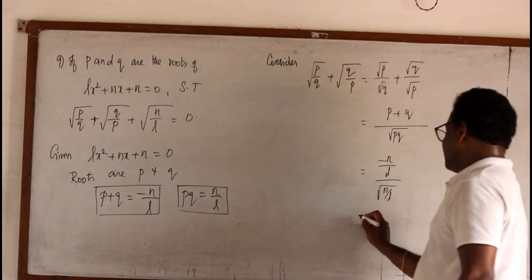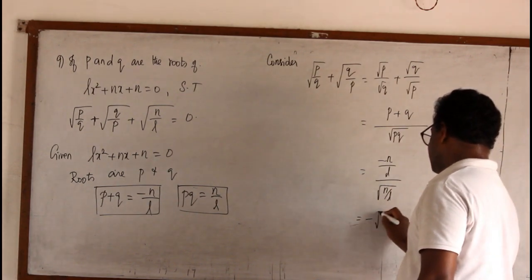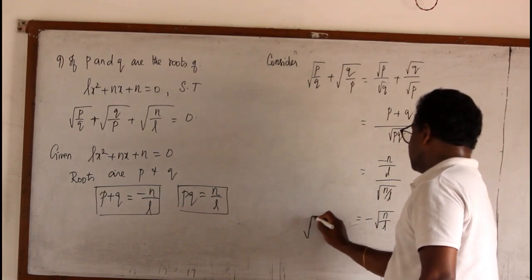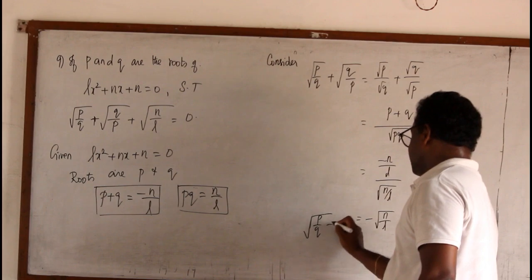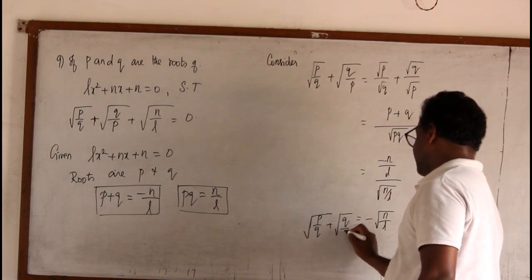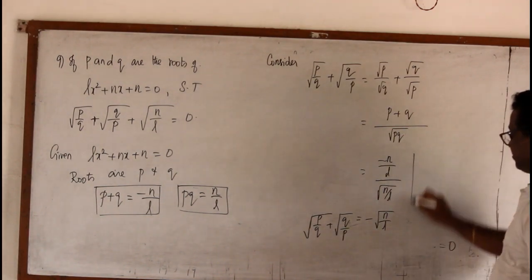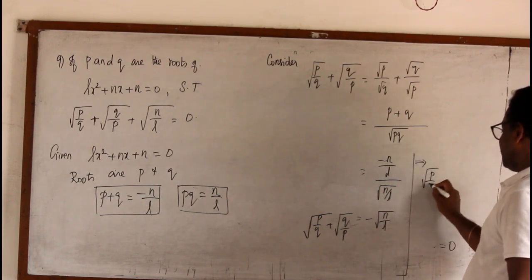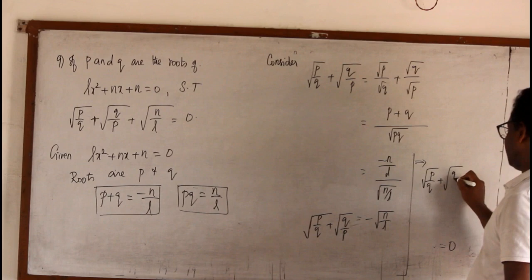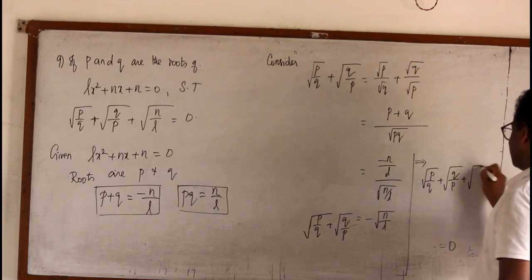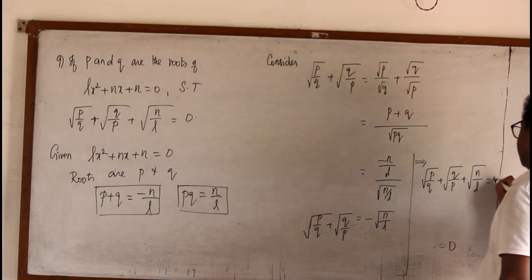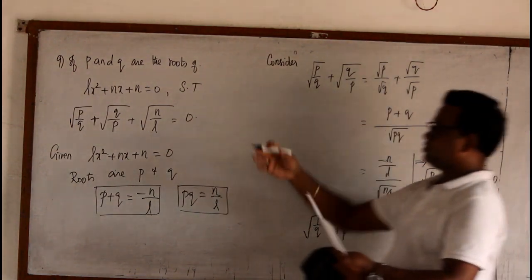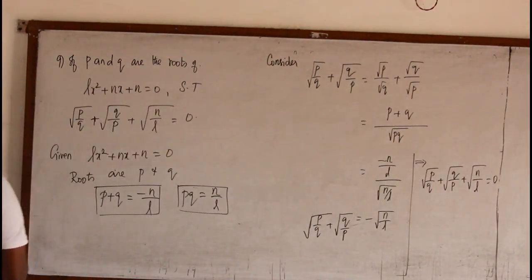When I divide these two, I will get minus root of N/L. That is, root of P/Q plus root of Q/P equals minus root of N/L. So when I take this to the other side, root of P/Q plus root of Q/P plus root of N/L will become 0. That's all with this problem. So we prove this. This is your 9th problem.